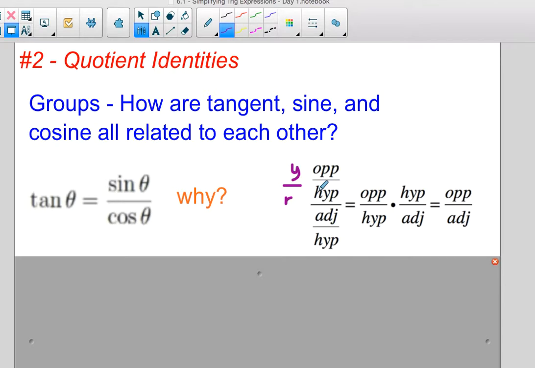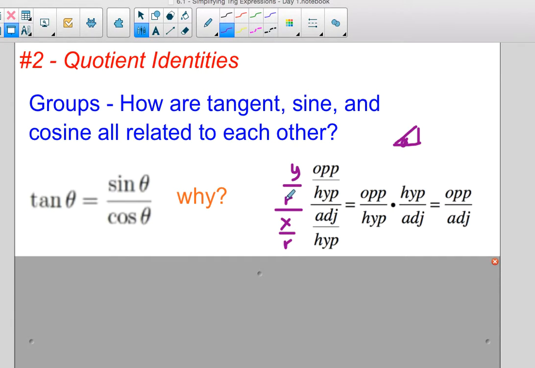If you picture the unit circle, the y coordinate is the opposite side of a triangle. If the angle right here is theta, opposite would be the y, adjacent would be the x, and the radius would be the hypotenuse. So opposite over hypotenuse is y over r. We know sine is y over r. Cosine we know as x over r.